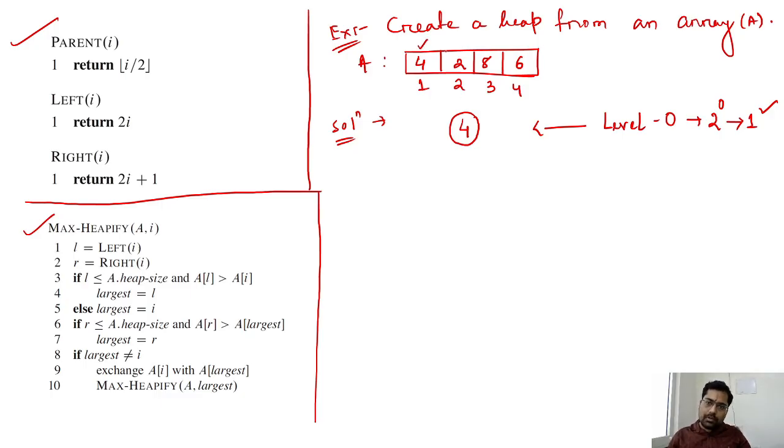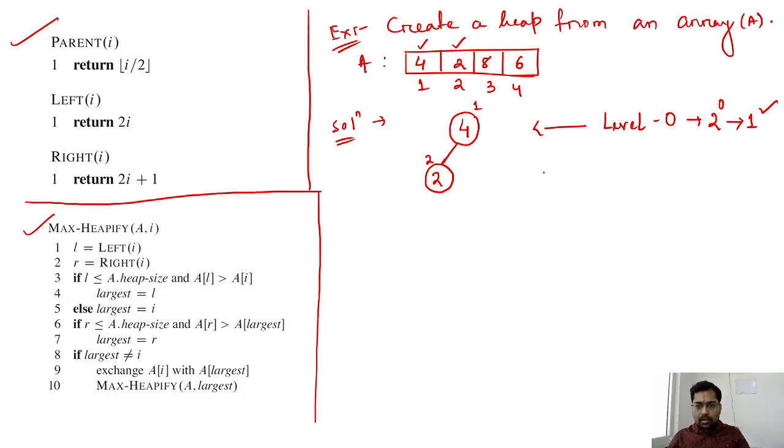Next, 2 will be inserted. I told you when we insert, it will be in a left to right manner. So from left to right insertion, we can start from the left node, which is 2. Next, you can write the index, not an issue.